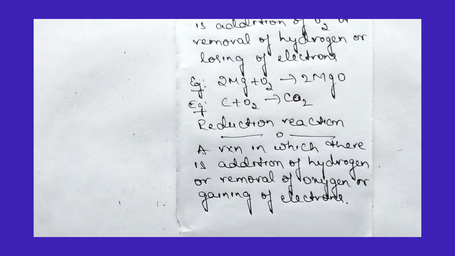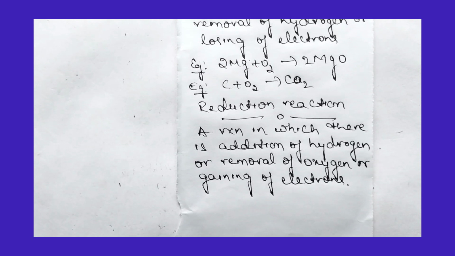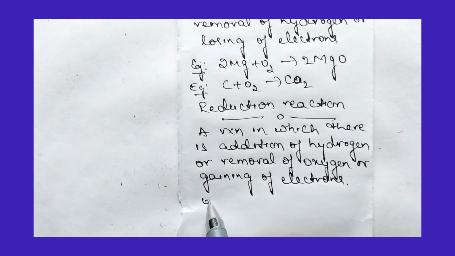So it is called reduction reaction. A reaction in which there is addition of hydrogen or removal of oxygen or gaining of electrons, they are called reduction reaction. So let us take an example.